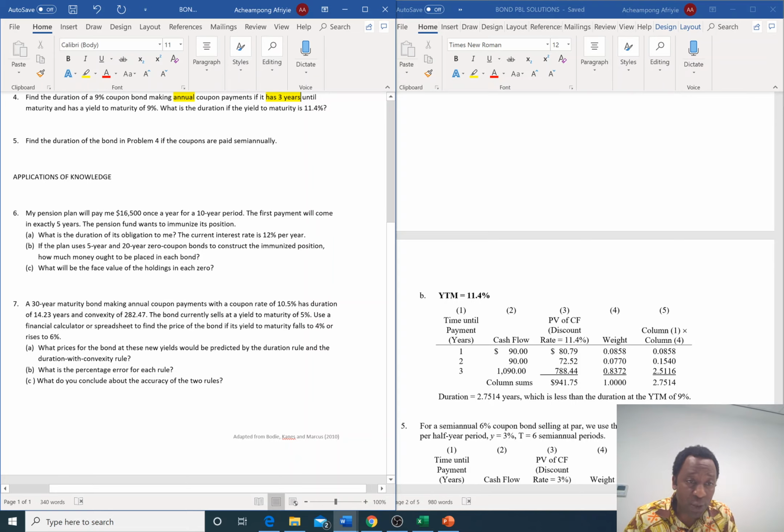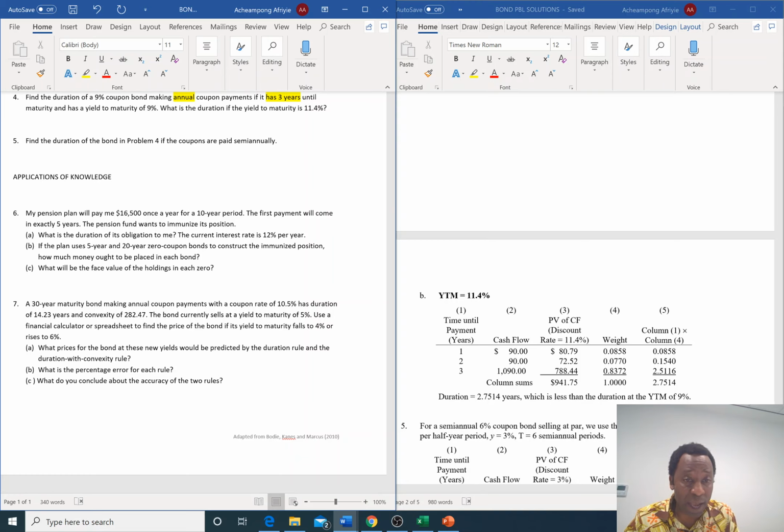Question 7 is so crucial because it summarizes everything that you need to know about bonds. It's so important, not just for the exam or assessments, but at the highest level in practice.